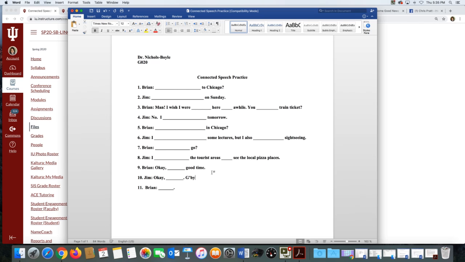But what I want you to actually write in is the full version of that so that you recognize how it sounds differently than it's spelled and looks on the page. So you would write in goodbye, and that would be the correct answer. And you can obviously just do this by hand. This is just for practice, but I think it will be something that will help you realize the difference.